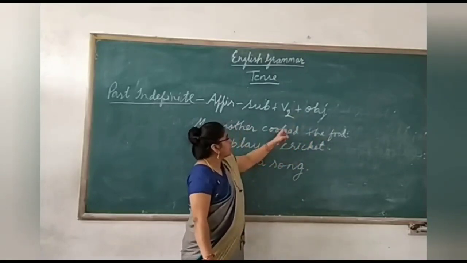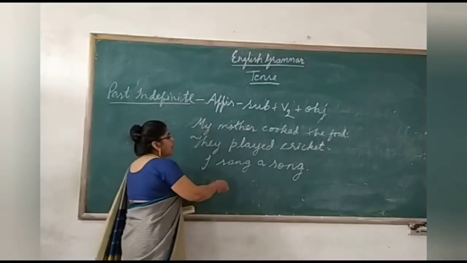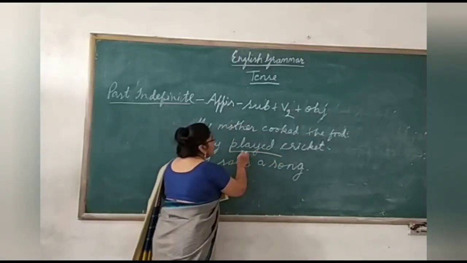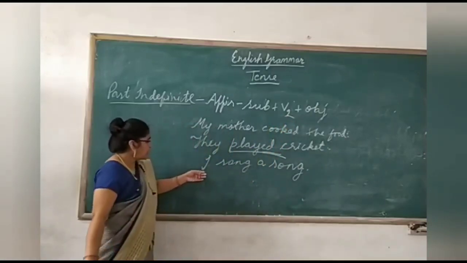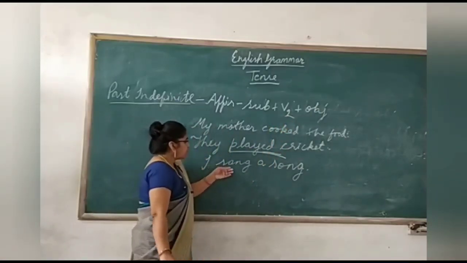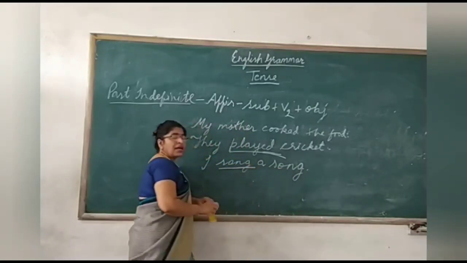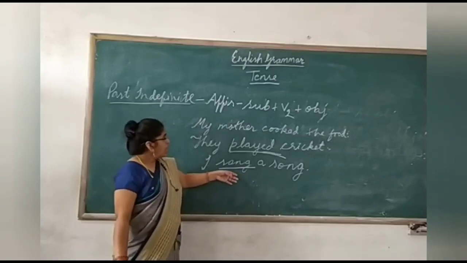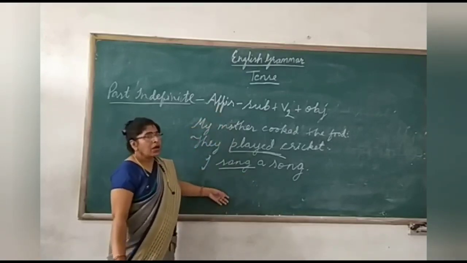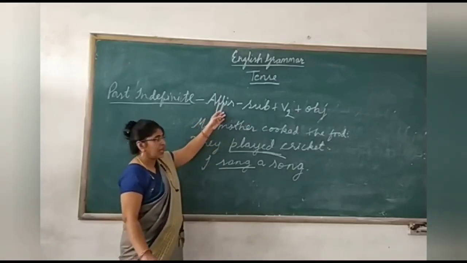Here the verb is in the second form. In the same way, they played cricket. Here also your verb is in the second form. And in the third sentence, I sang a song. Here "sang" is the second form of the verb "sing". So this is how you will construct the sentence with the structure.